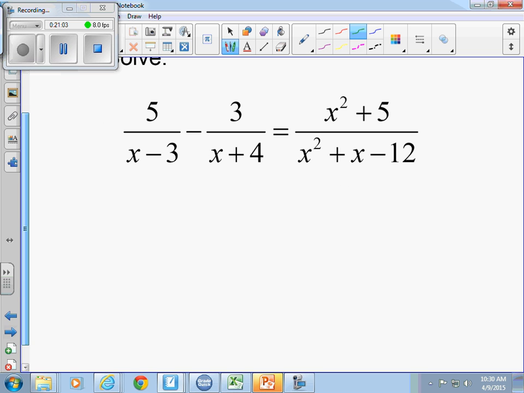Okay, so what am I doing on this one? Before I do that, I need to make sure that x squared plus x minus 12 factors into those things. I hope it does. I think that's what you're assuming, but I better factor that first.